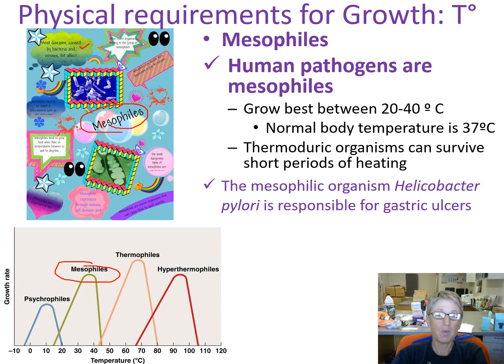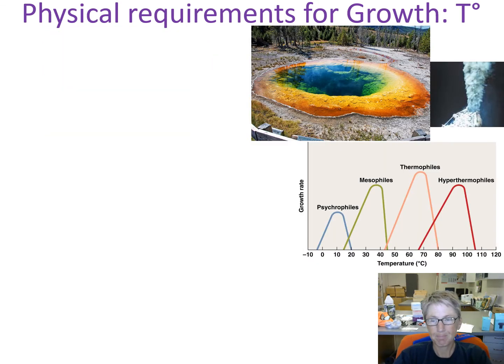Human pathogens are mesophiles. They grow anywhere between 20 and 40 degrees C, but normal body temperature, like I said, is 37 degrees Celsius. The mesophilic organism Helicobacter pylori is responsible for your gastric ulcers if you have them.